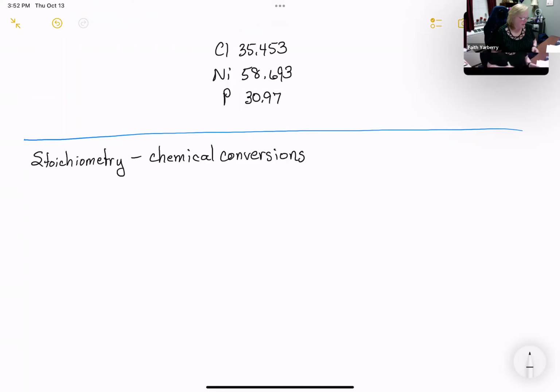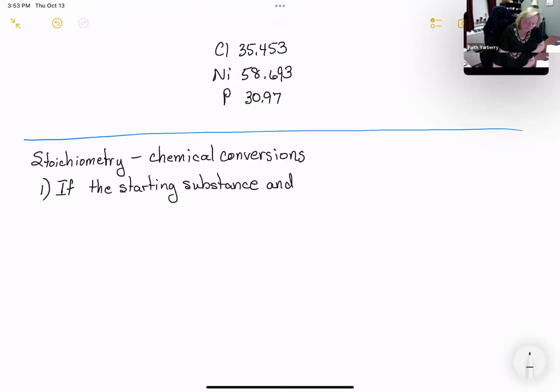So, the very first thing I look for when we start getting into these chemical conversions is whether the starting substance and ending substance are the same or different.